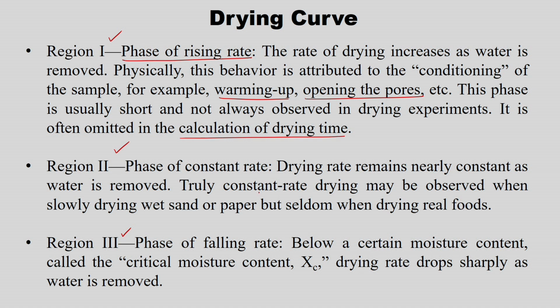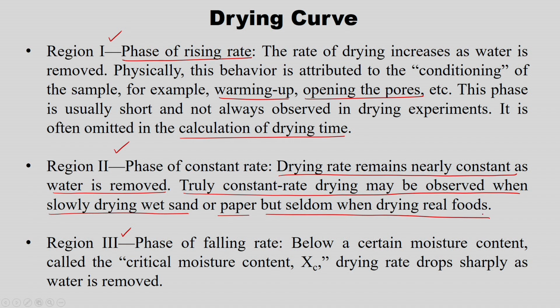The phase of constant rate is where the drying rate remains nearly constant as the water is removed. Truly constant rate drying may be observed when slowly drying wet sand or paper, but seldom when drying real foods. So, when drying real foods, this may also be avoided for the calculation, because it is a very short time, or it may not even be observed.